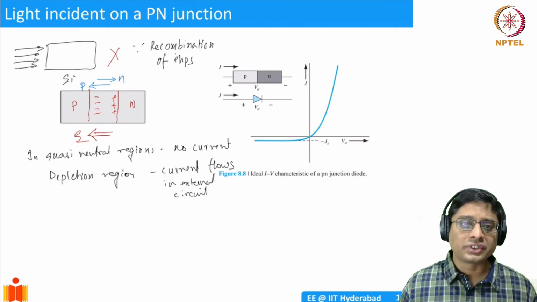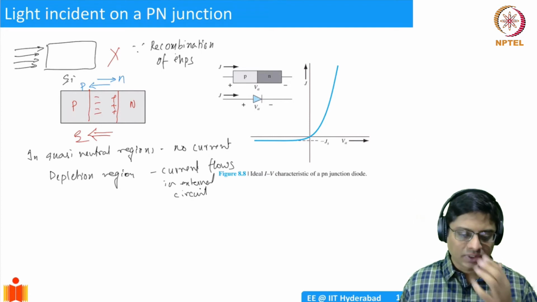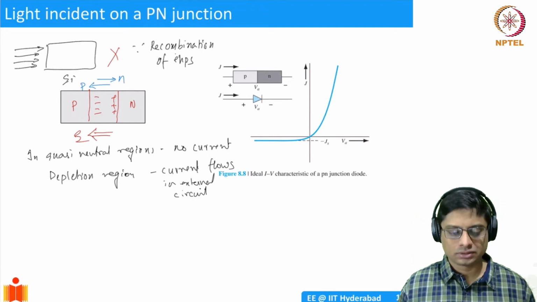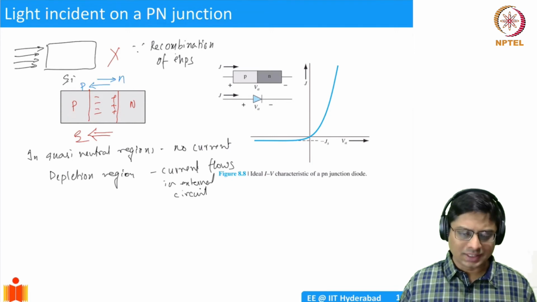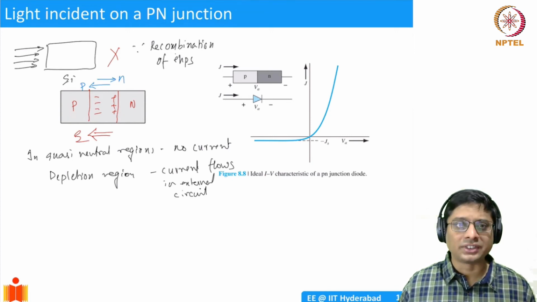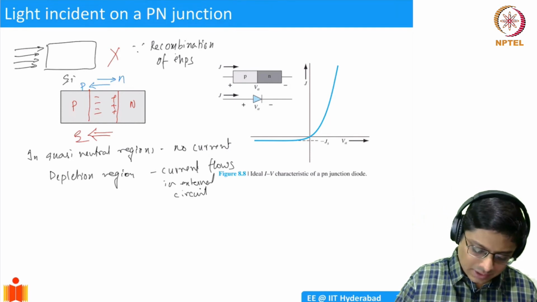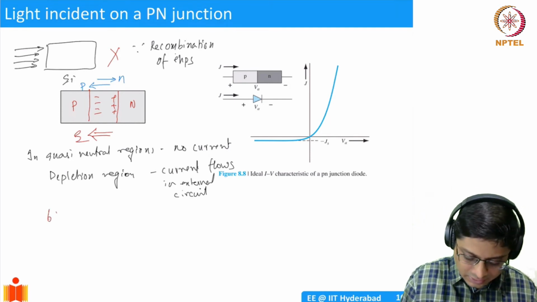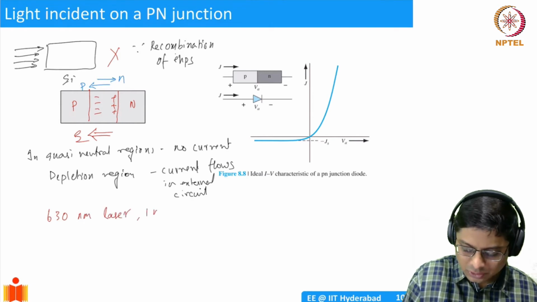So how much is this current? Okay, let's try to estimate that. Instead of directly using the solar spectrum, let's assume that you are shining a 1 milliwatt laser. Let's say we use a 630 nanometer laser with 1 milliwatt of power.